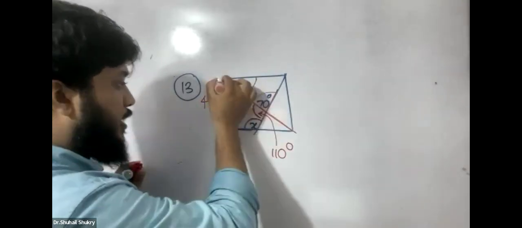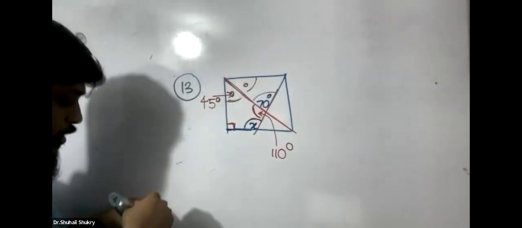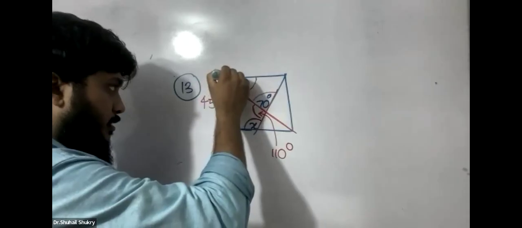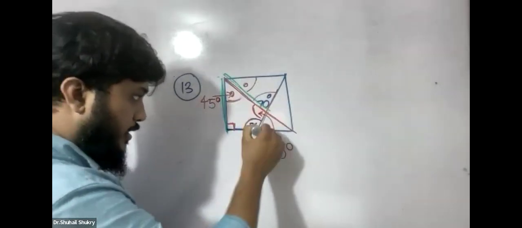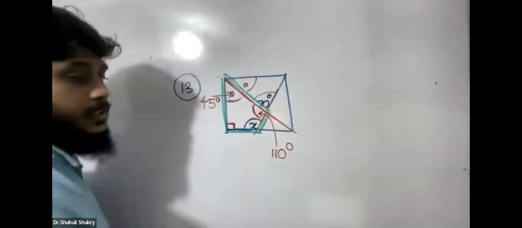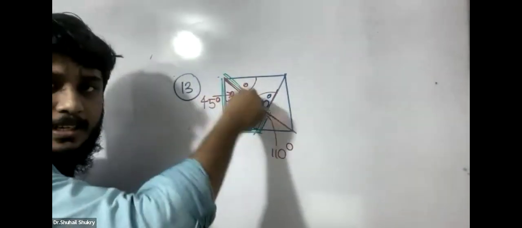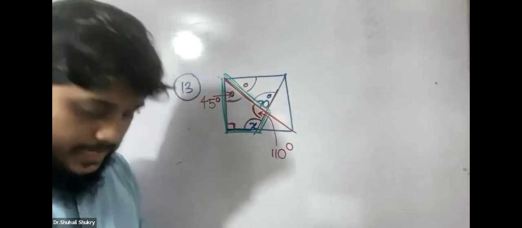If you take this shape, what is this shape? It's a quadrilateral. In a quadrilateral, all four angles add up to how much? 360 degrees.